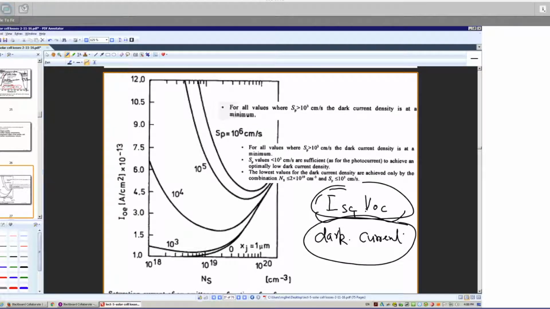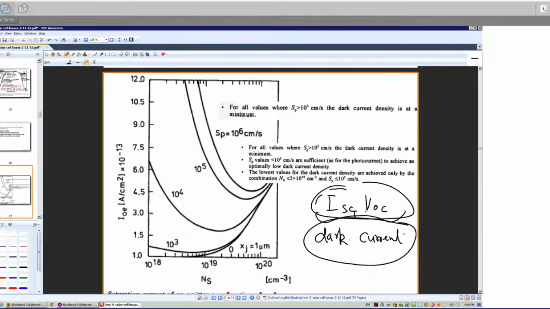Here is a plot of the dark current as a function of the surface concentration for different recombination velocities. A couple of things to notice from this. Let me ask you, what kind of surface concentration will you choose to get higher solar cell efficiency?